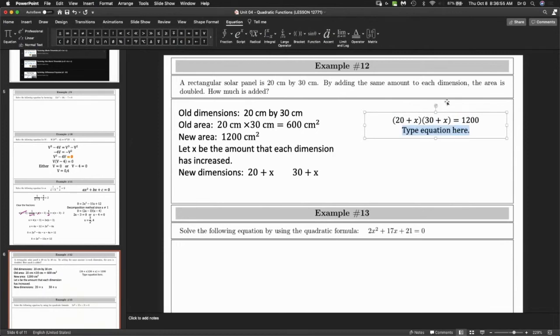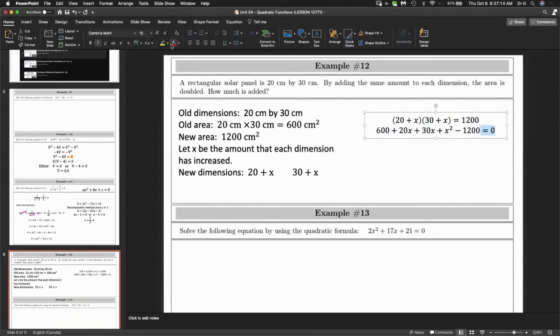So what I would do is expand this out by using the distributive property, or FOIL. So 20 times 30, 20 times x, 30 times x, times x. I'd also move the 1200 over, and that equals 0 now. So I expanded it all out, and I made it equal to 0.